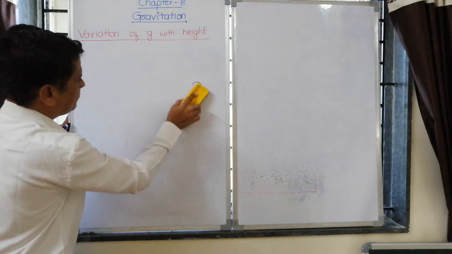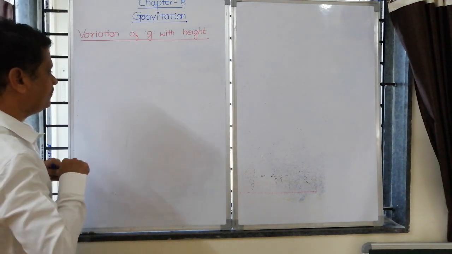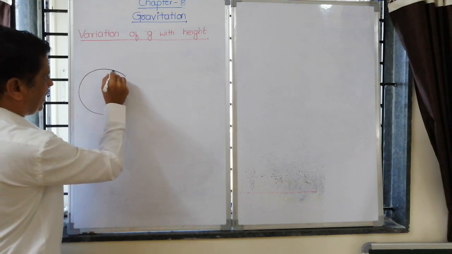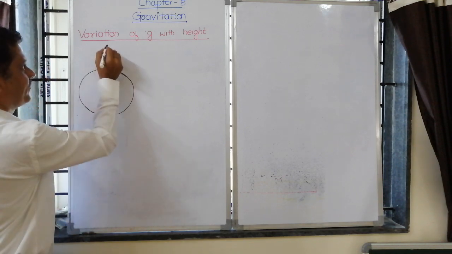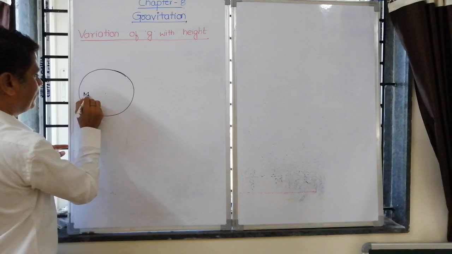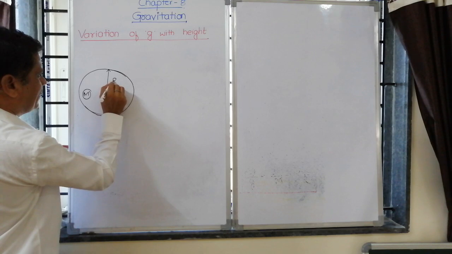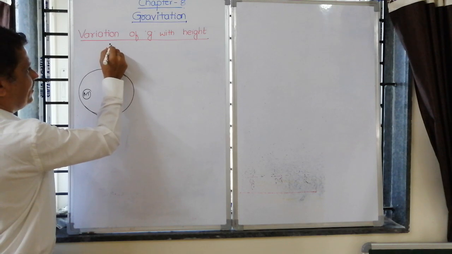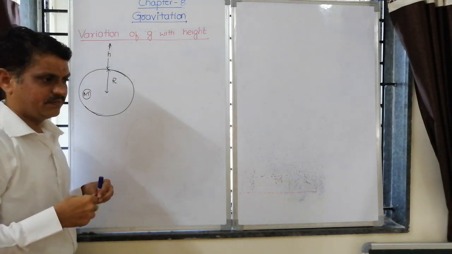Today, first we will discuss variation of g with height. See here, consider it is a earth or any planet of mass M, and radius of the earth is capital R. Let P be a point which is at a height h from the surface of the earth.